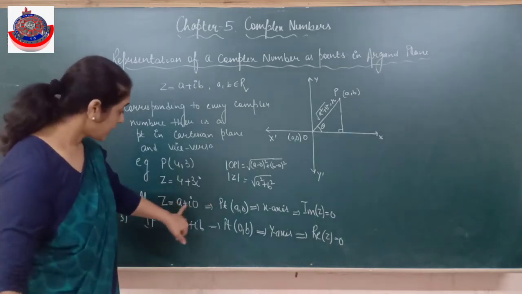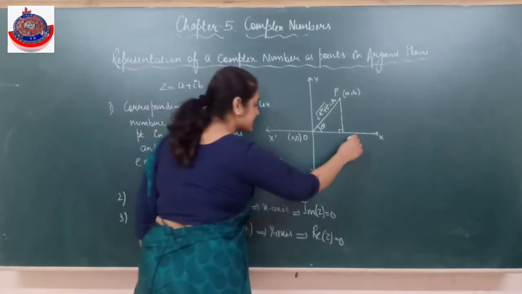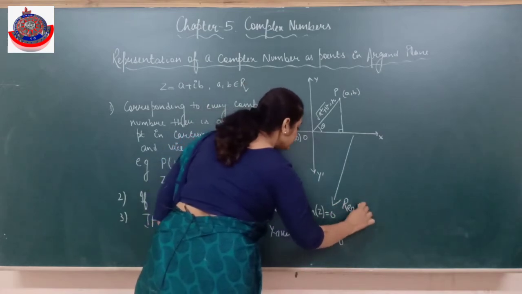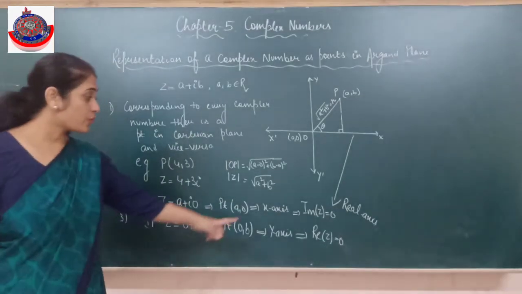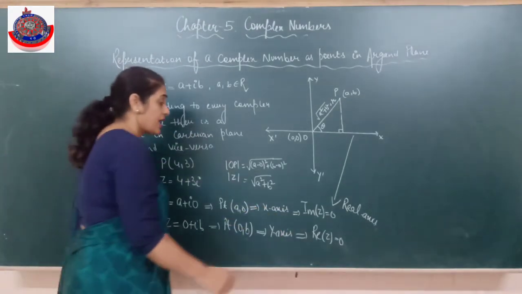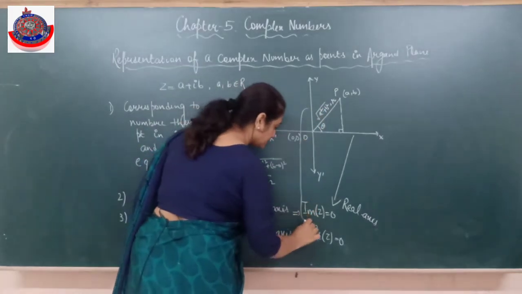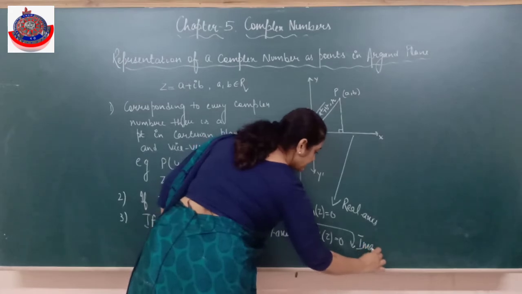Because here the imaginary part is 0, that's why this x-axis is called real axis. Because on the x-axis the imaginary part is 0, and this y-axis is called imaginary axis.